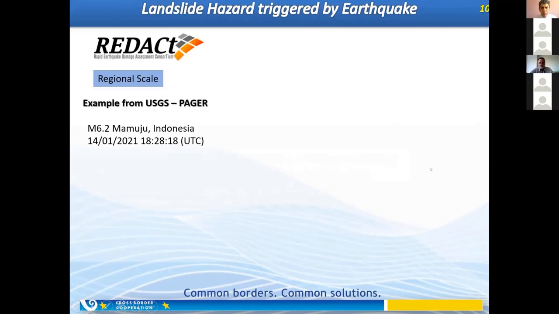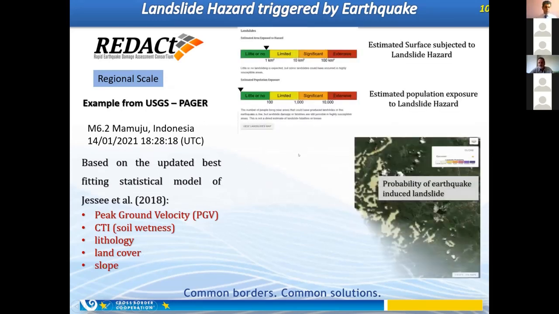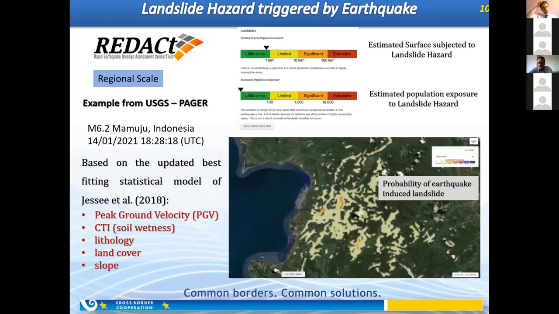An example of implementation of this methodology, which is already adopted by USGS, is the Indonesian earthquake of magnitude 6.2 in 2021, where, based on the latest statistical model of Jessee et al., using the peak ground velocity, the CTI index, soil wetness, lithology, land cover and slope, we get a map like this, where you can see by the chromatic scale the probability of earthquake-induced landslides.